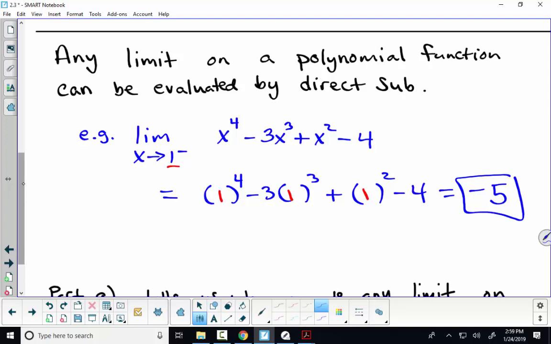If you think about a polynomial, doesn't matter where you're at or what you're approaching. If I approach that from the left or from the right, it makes no difference. Any other questions on this?